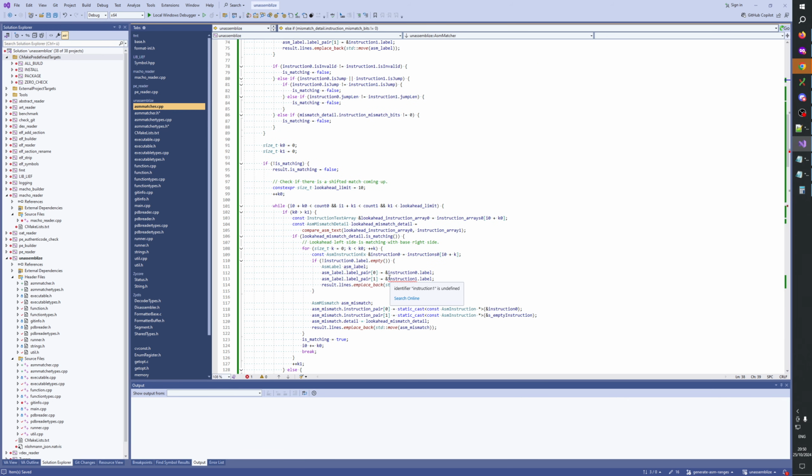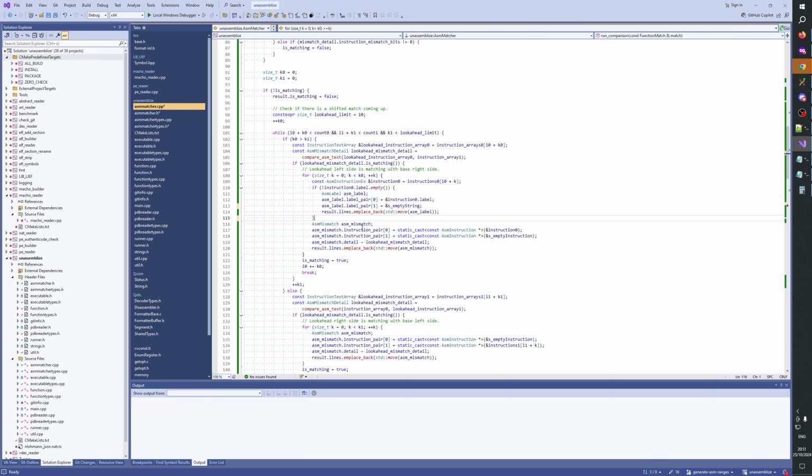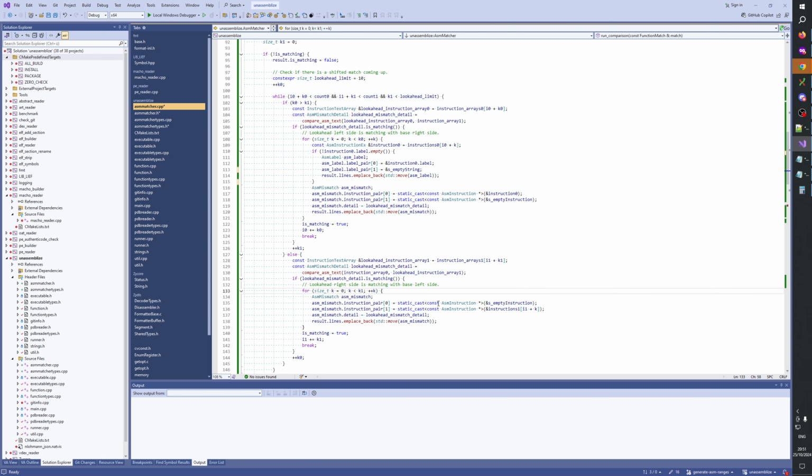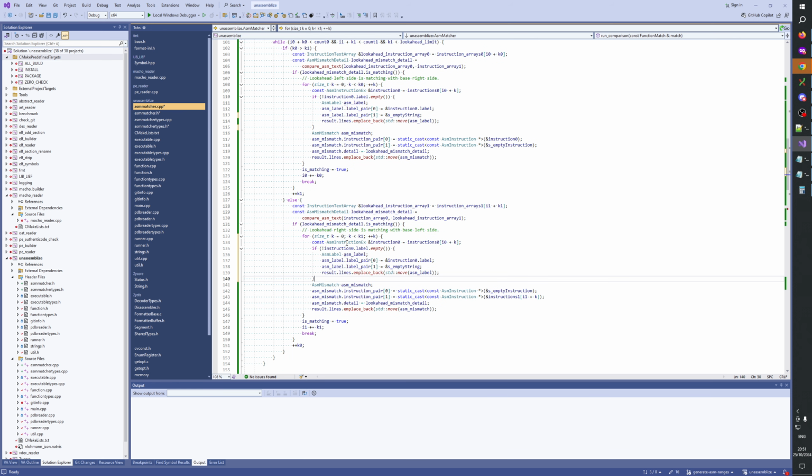Okay, so here we need to say as empty string. Right. Okay, let's put the same here, because otherwise we would lose labels here.